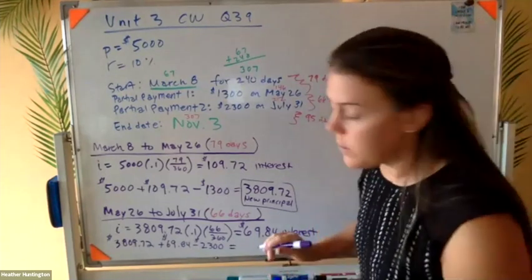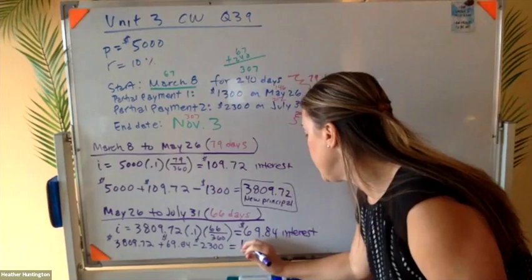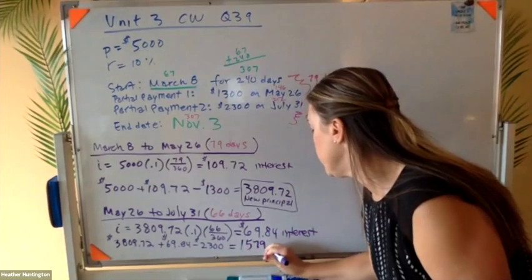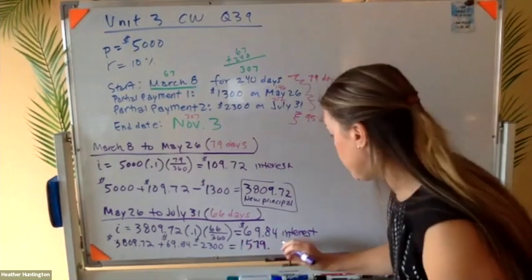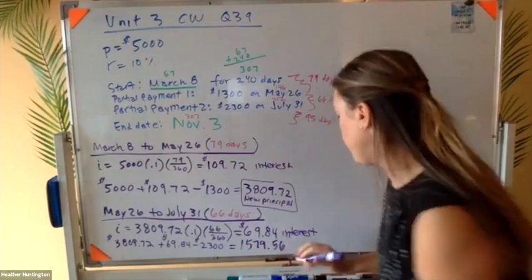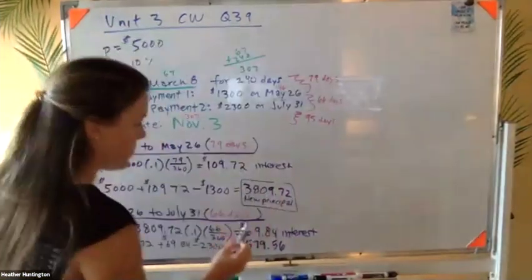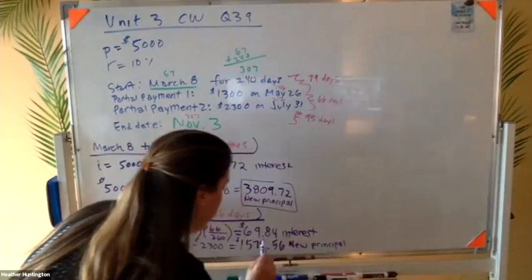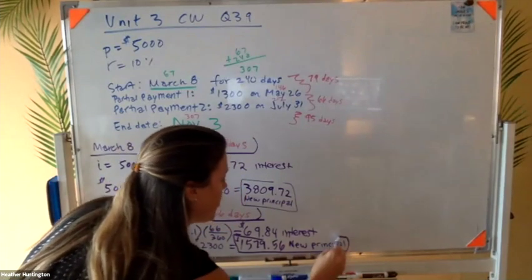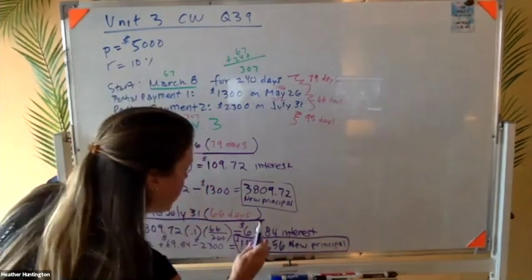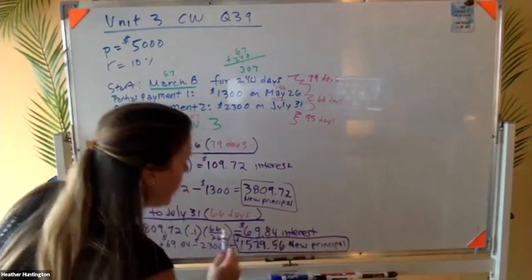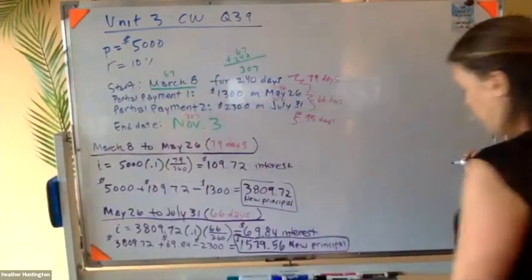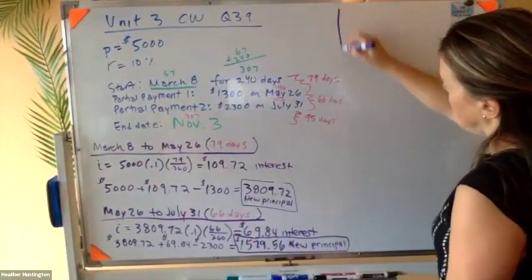So it's $1,579.56. This is our new principal. Because all of these partial payments have been reducing the principal amount that we are paying interest on. Okay, the banks, again, did not want that to happen.